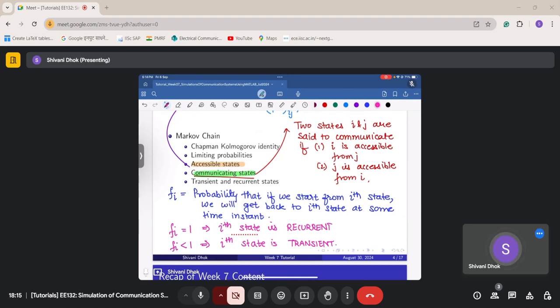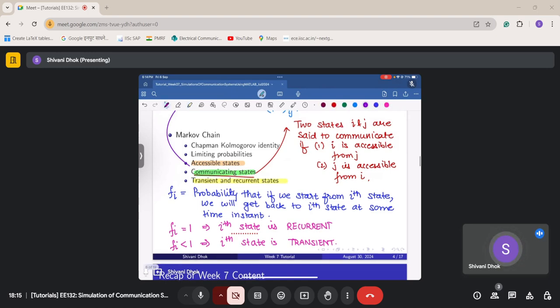These are the two additional definitions that we saw for Markov chains. For now we are not using Markov chains, but we will use them in later stages.